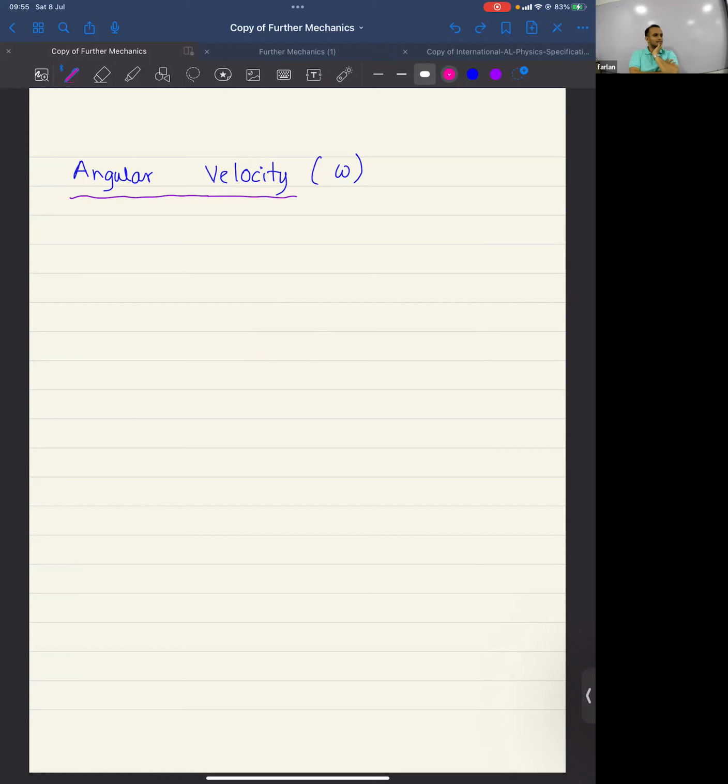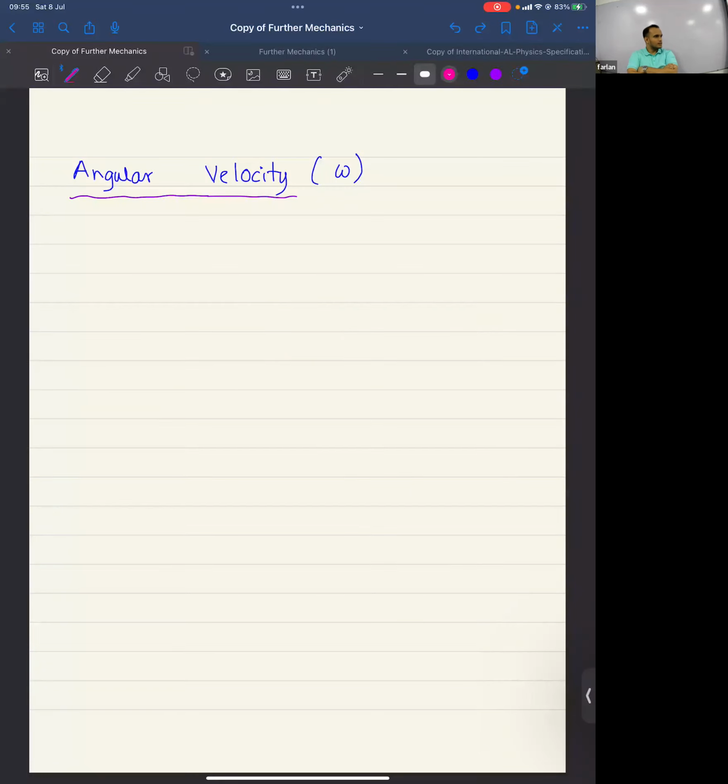What is velocity? Displacement over time. Displacement made in a unit time. What is the displacement you make in a unit time? That is the linear velocity. Then what is angular velocity? Okay.